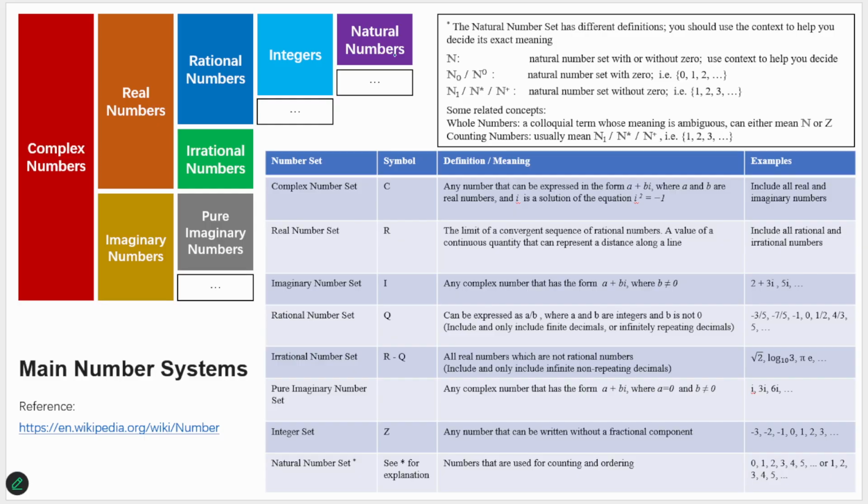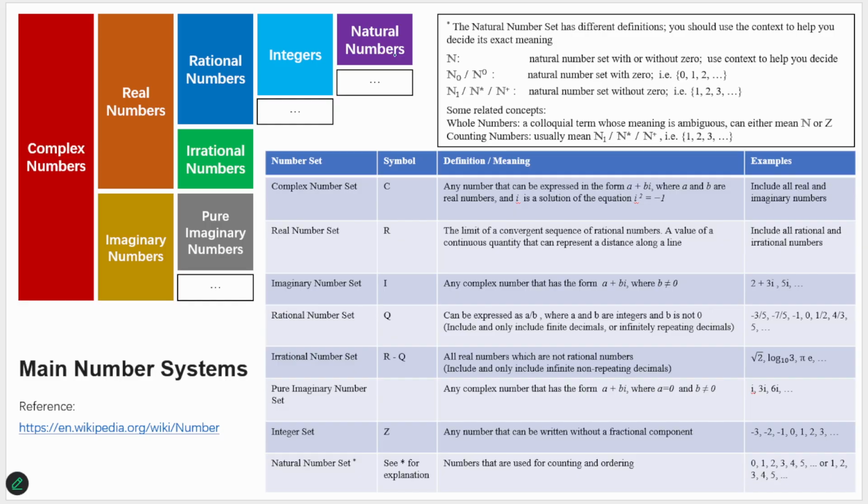You should use context to help you decide its exact meaning. For example, some people believe the natural number set starts with 0, or others believe it starts from number 1. I'm not sure which notation you are using in school. Which one do you use in school? The natural number set starts with 0 or 1? 0.